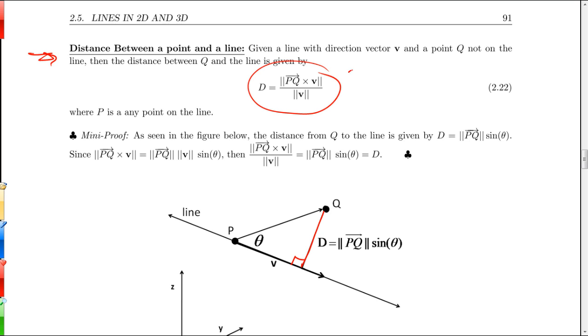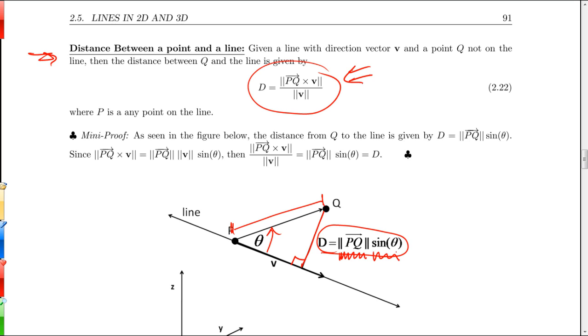So I have this formula up here, but I'll derive that formula from this little picture. If you look at this, the distance is basically the sine of this angle here times the length of this side. So it's the length of PQ times the sine of the angle between them.